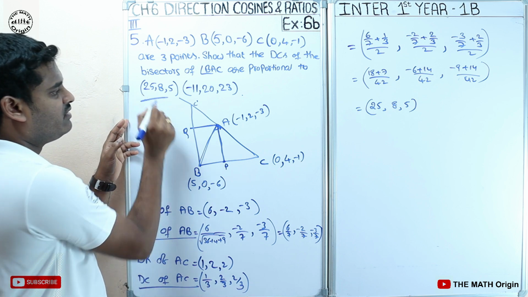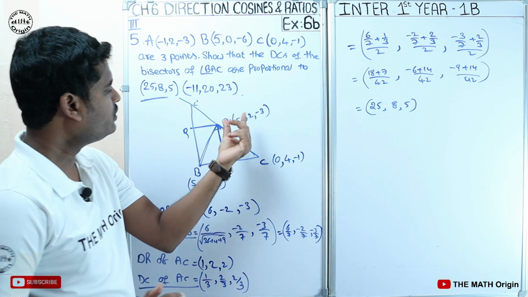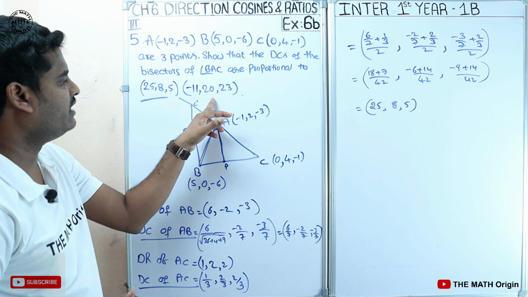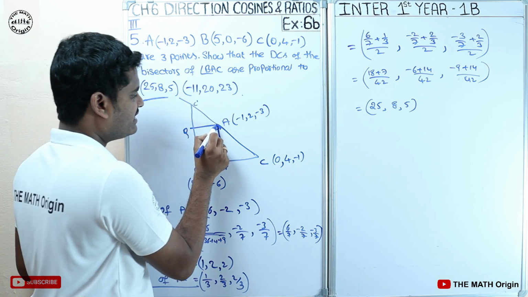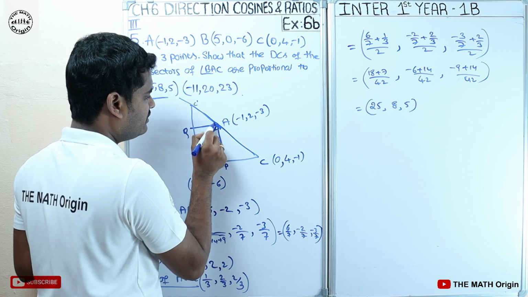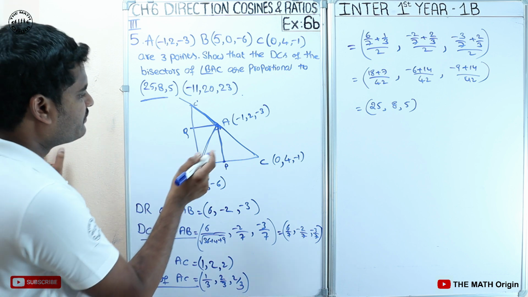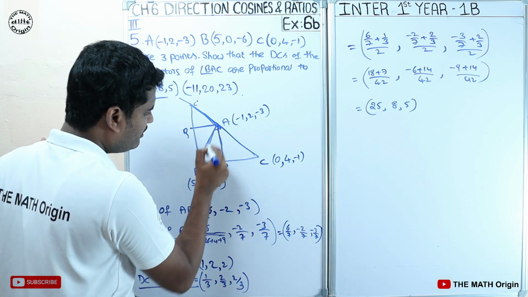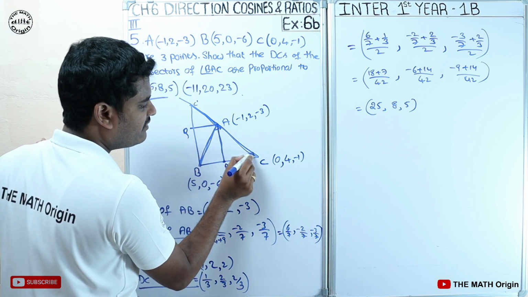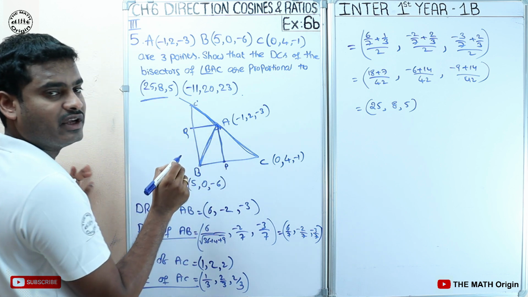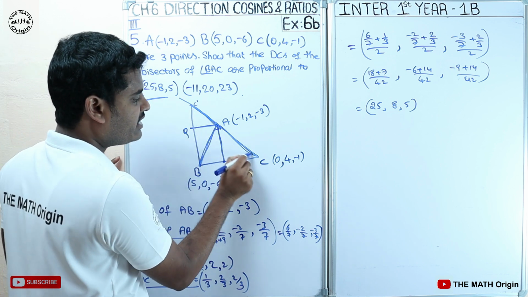Okay, now we got the first value. To get the second value, we need to find the other bisector of the angle A. For the other bisector, AB will be the common one, and AC will now be AC dash.